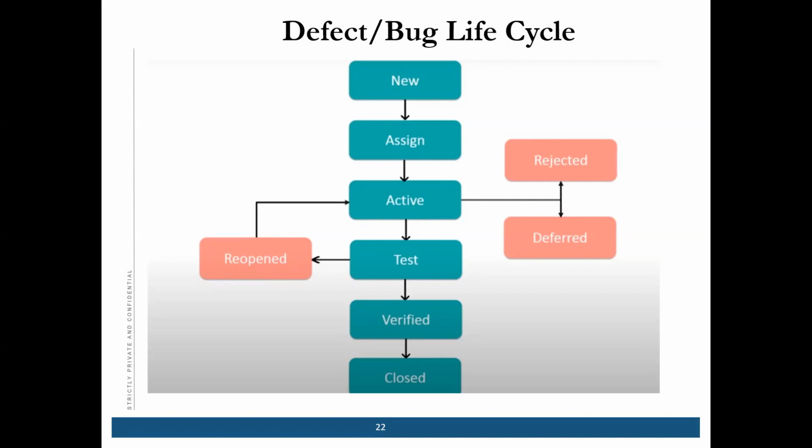It happens that the build which is given by the developer, a new build, after doing the testing, they give you the build, but when you do the smoke testing and sanity testing, you see that 5 of your defects have not been fixed.